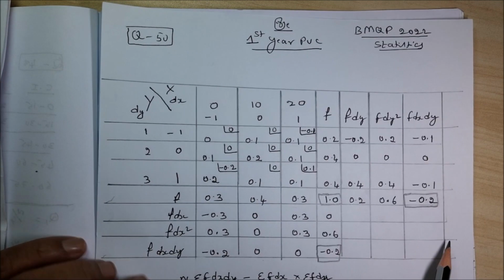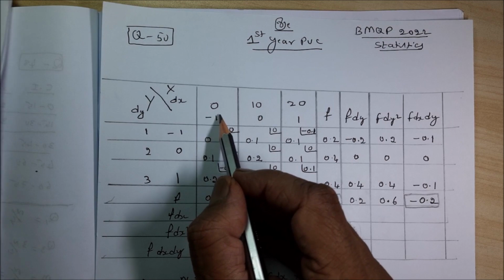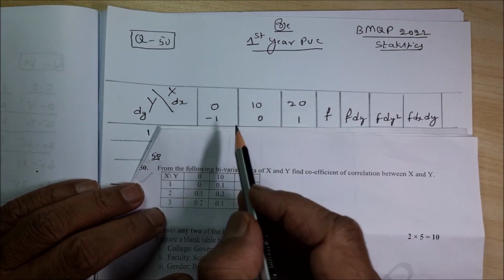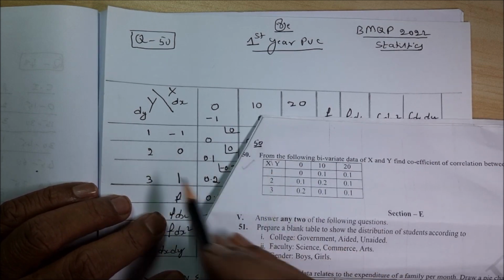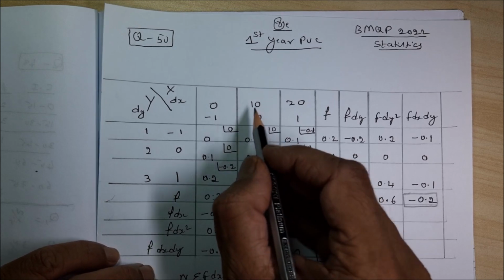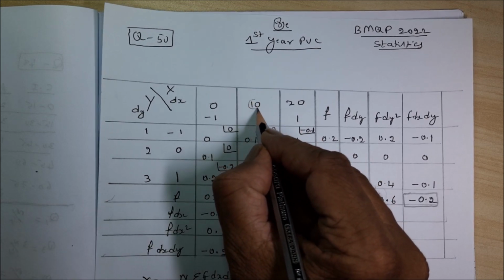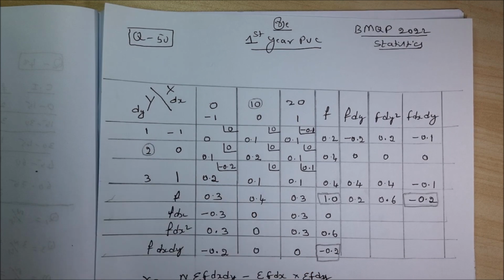This is the table that I made for the previous problem, in a similar fashion. You can see here 0, 10, 20, then 1, 2, 3, right? So very simple. Take 10 as your assumed mean. Here you take 2 as your assumed mean.